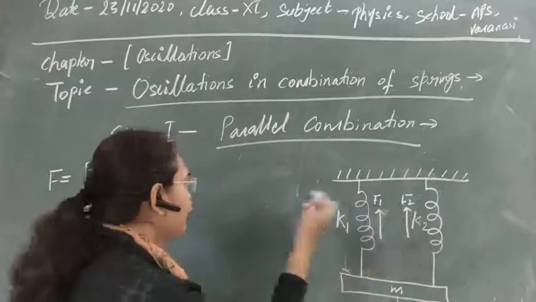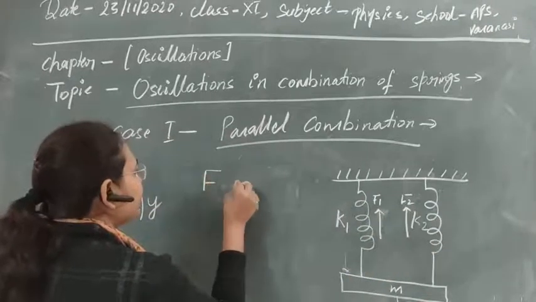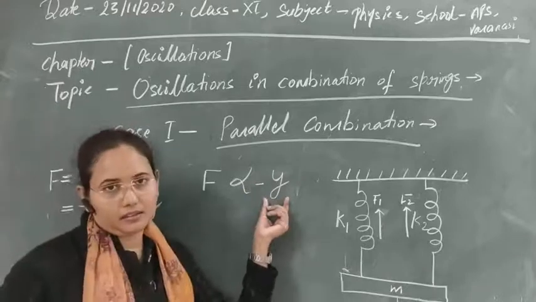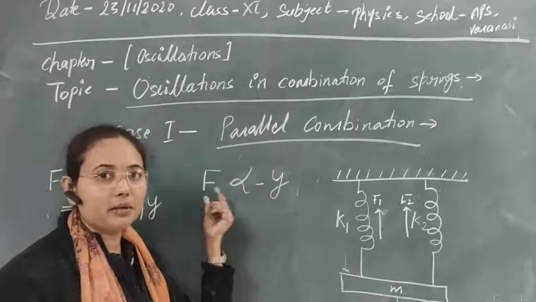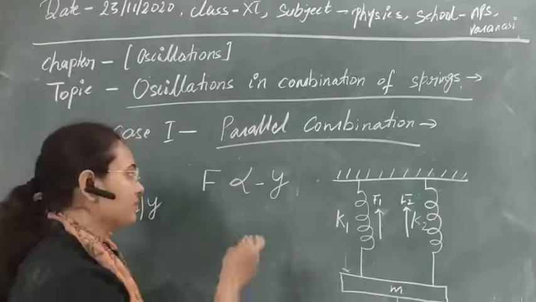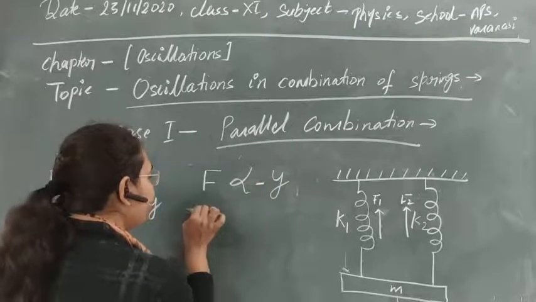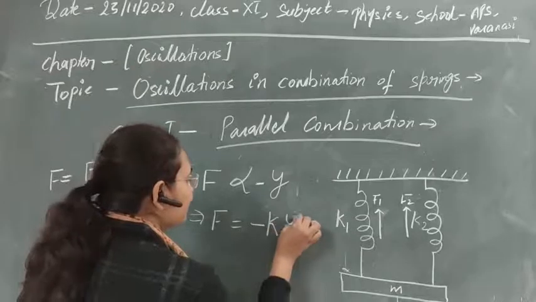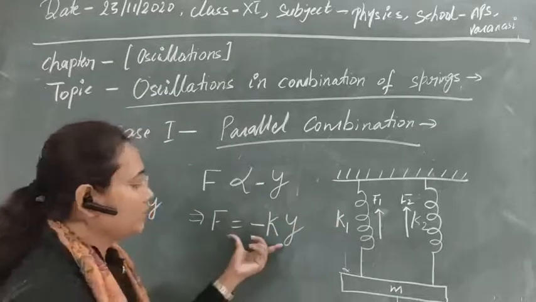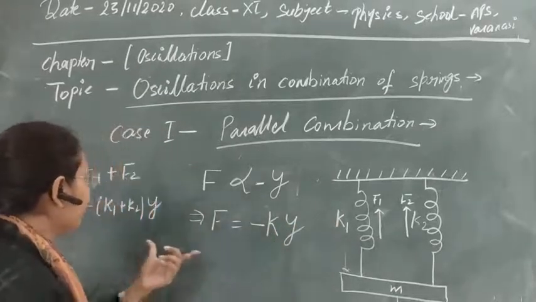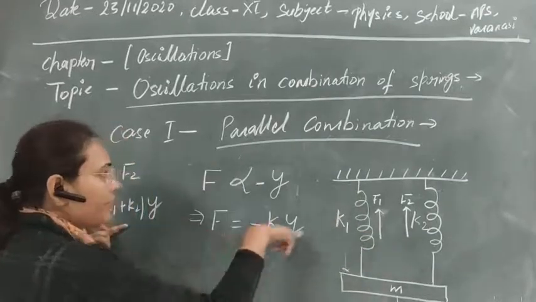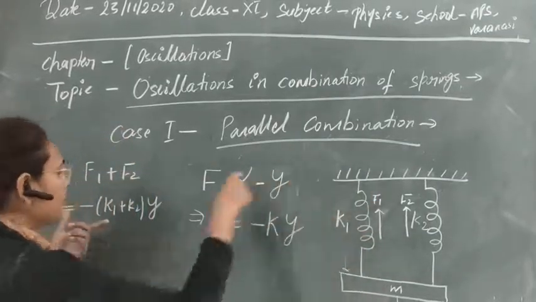That restoring force F will be directly proportional to y, with a minus sign as its direction is opposite to the displacement direction. And as I just told you, the spring constant is capital K, so its value will be this. This is the same thing as we obtained for the combination, since this is what we obtained for the system. Clear?